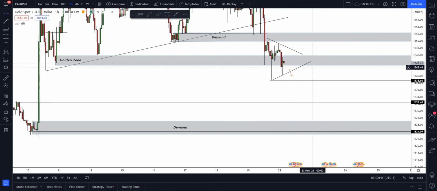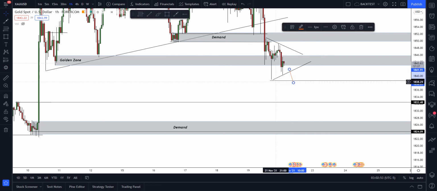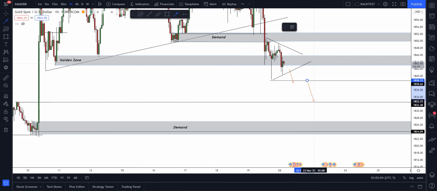This is a probability. So if price breaks this triangle pattern and continues to go below this previous low wick, there's a high chance of price continuing bearish down to this area, previous resistance.